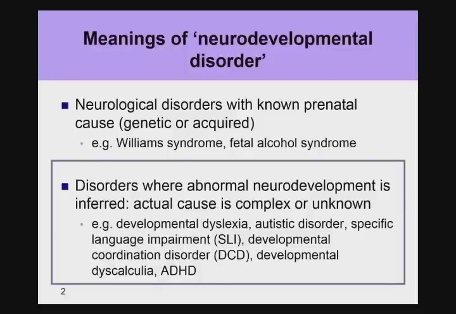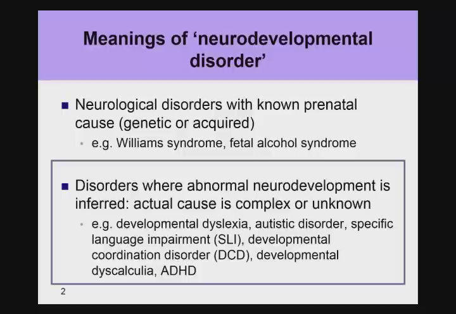Because what I'm going to talk about is the other sense of neurodevelopmental disorders, where there's abnormal neurodevelopment, but you're in fact inferring it because you don't know any particular cause. It looks as if the causes are complex or in some cases unknown.